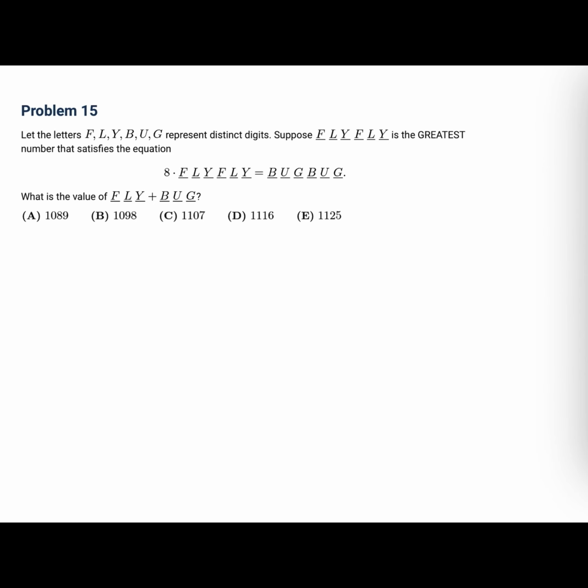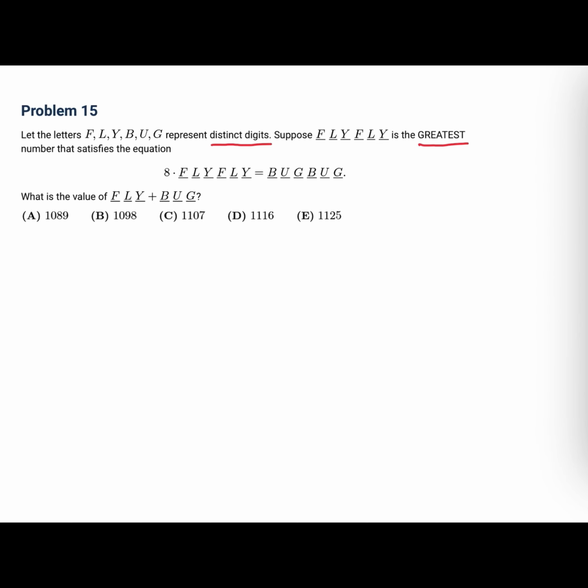What is the value of FLY plus BUG? So an important thing to note from the question is that all 6 characters have to be distinct digits. And FLY is the greatest number that satisfies the equation.